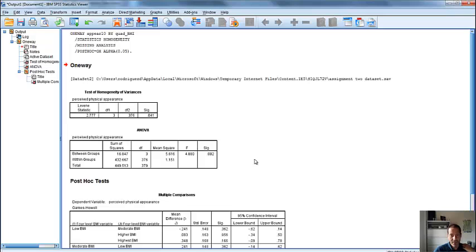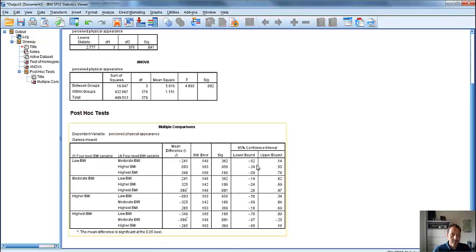So it's pretty strongly significant here. And again, we know the ANOVA is an omnibus test, so it just tells us that there's a difference among the different groups of BMI, right? Now, we don't know what the differences are until we actually take a look at the post hoc analyses here.